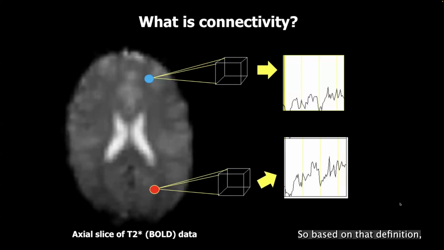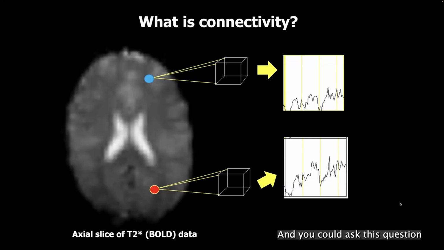Based on that definition, if we apply it to a very practical example, we look at two different signals. There's a blue and a red voxel, and they each have a BOLD signal time series. Remember, we need spatially remote nodes, so blue is different than red. They both have neurophysiological events, these time series that we can look at, the BOLD time series. And we can look at the correlation between them to see how related they are to one another.